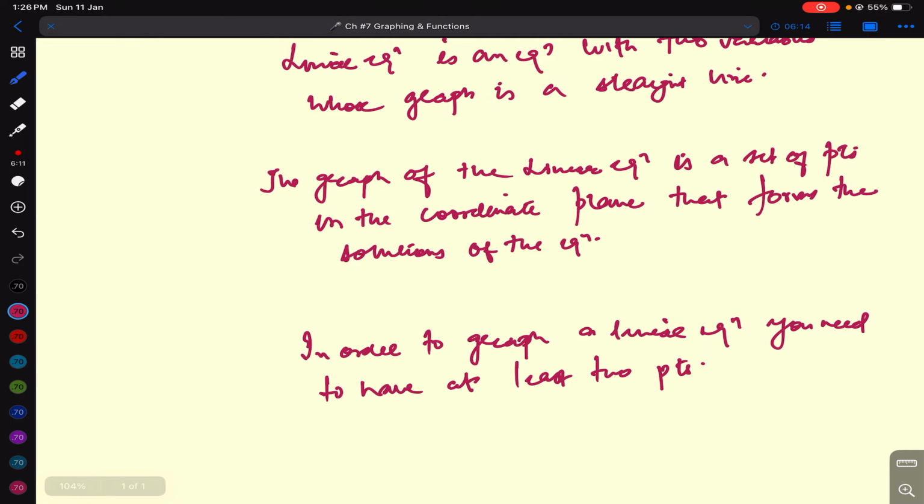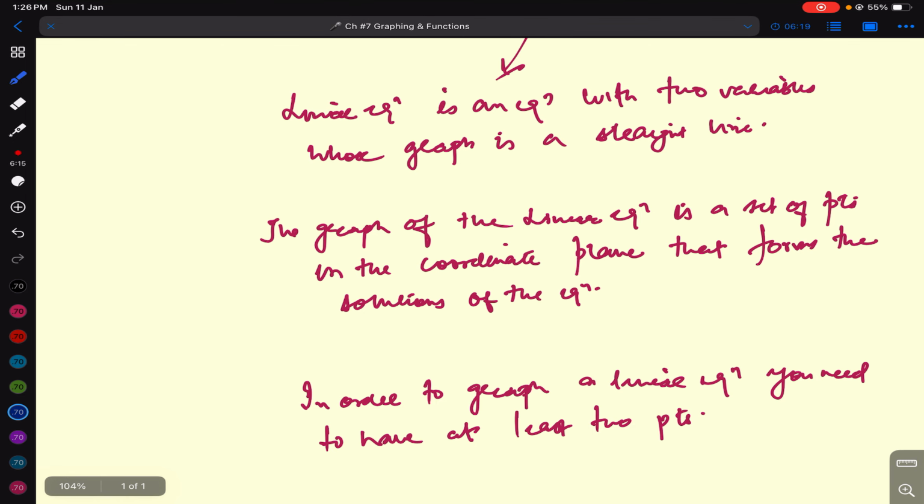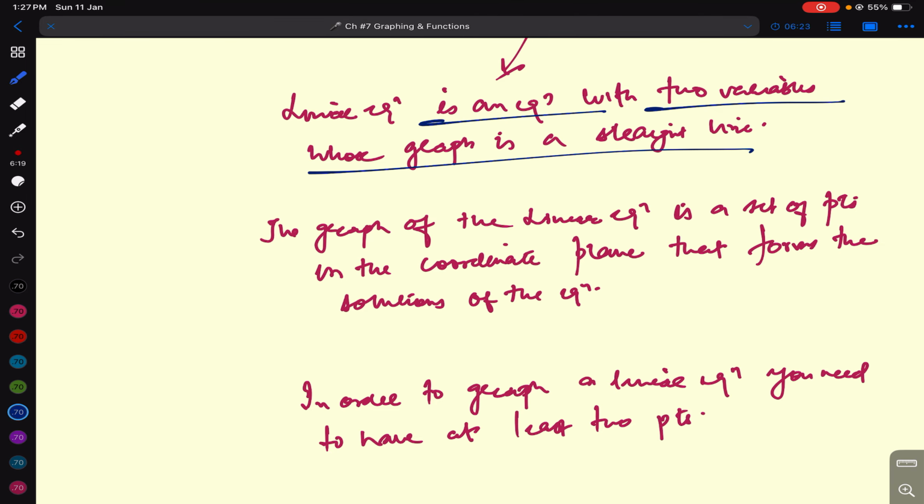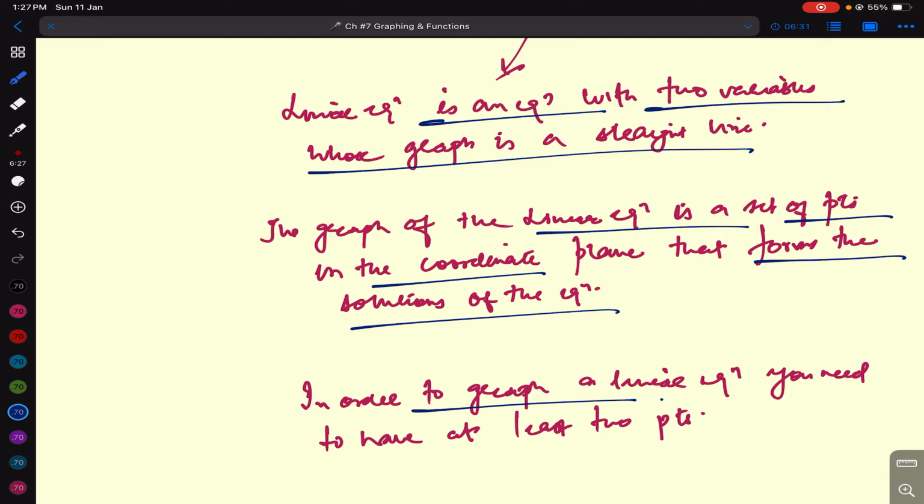So what we have discussed so far is that a linear equation is an equation with two variables where the graph is a straight line. The graph of the linear equation is the set of points that form the solutions of the equation. In order to graph the linear equation, you need a minimum of 2 points. It can be more than two, but the minimum has to be two.